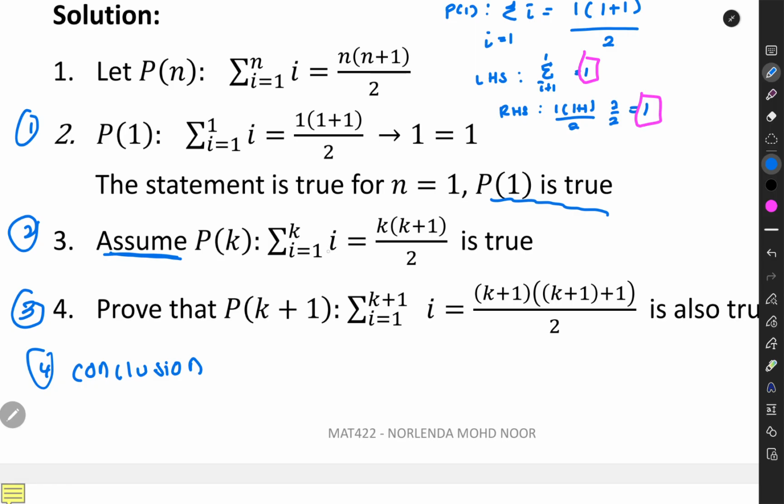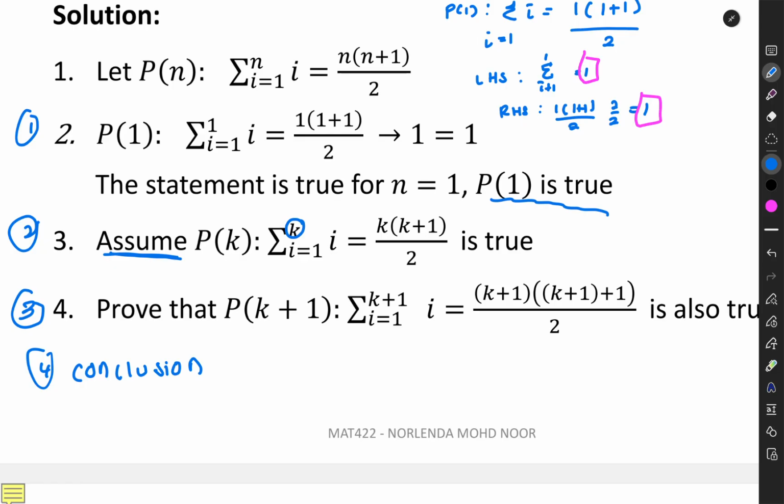Okay. Up until term yang ke k. Okay. K term is equal to k times k plus 1 over 2 is true. Okay. So the summations of the first integer n up until the k term is equal to k times k plus 1 over 2 is true. Kita assume first. Okay.